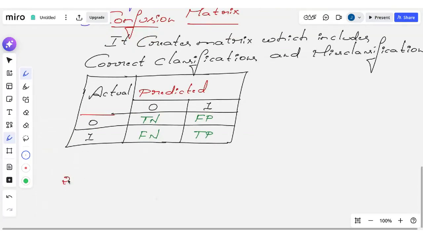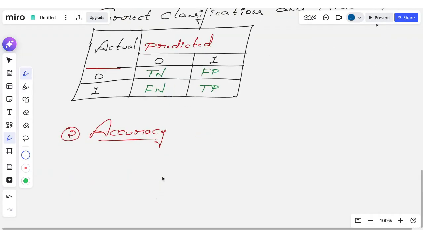The second metric is accuracy. You know what is accuracy? No. Okay. Accuracy is simple.